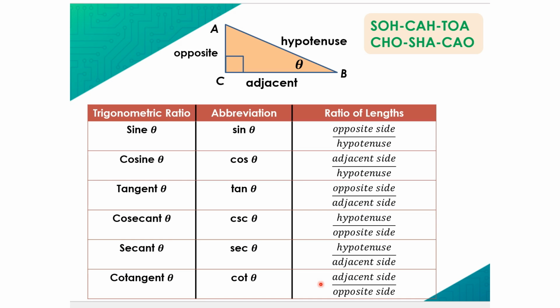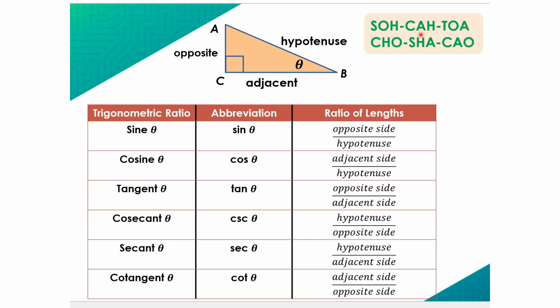To easily remember the equations, we use the mnemonic SOHCAHTOA and CHOSHACAO. So these 9 letters are a memory aid to remember the ratios for the 3 fundamental functions and the reciprocals. For example, we have SOH, which means sine, opposite, hypotenuse.